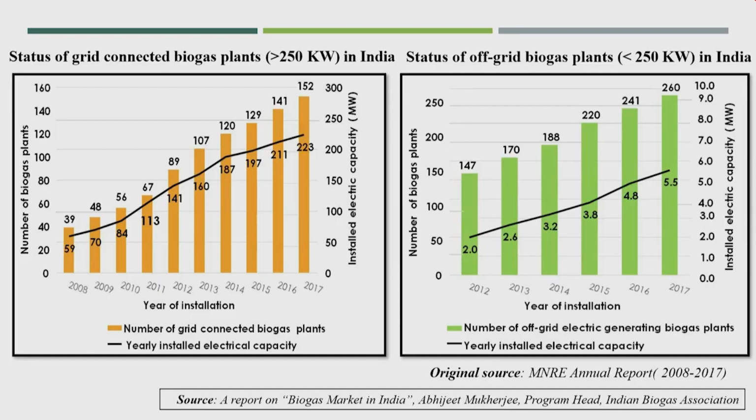And this one is off-grid electric generation, meaning I think this is not connected with the grid. That number is also very large, around 260 biogas plants are available, size less than 250 kilowatt, and yearly installation is also 5.5 megawatt electricity production.